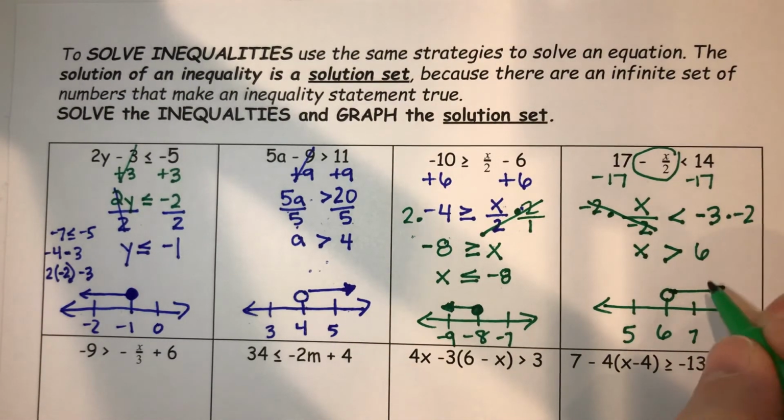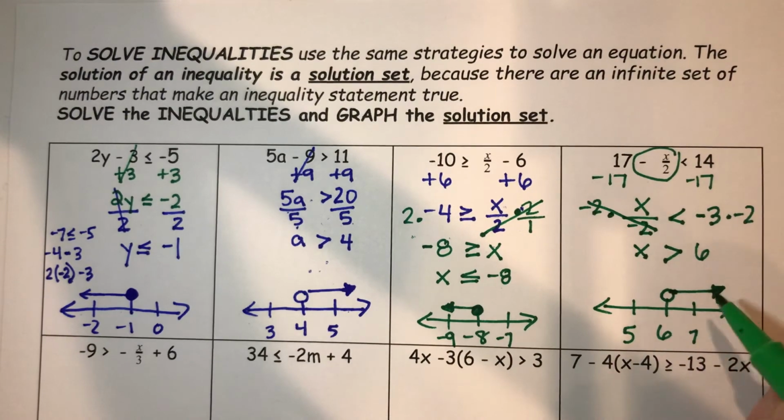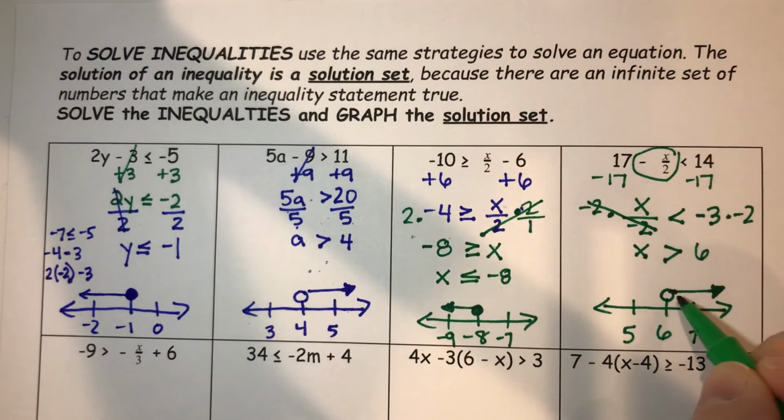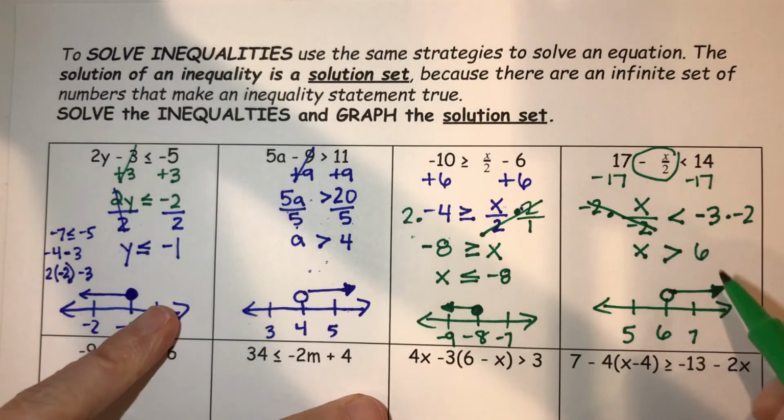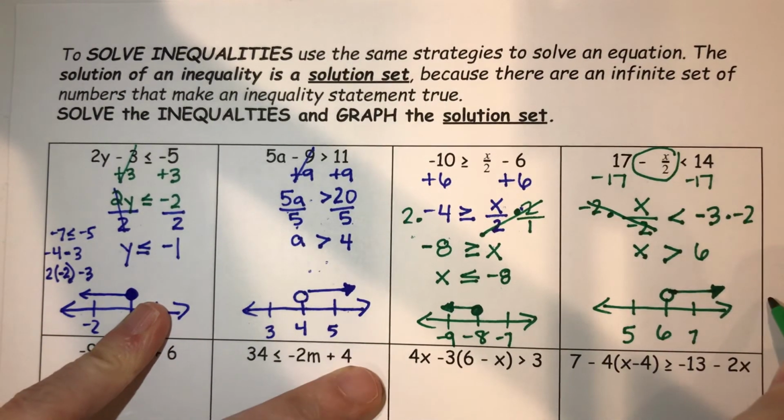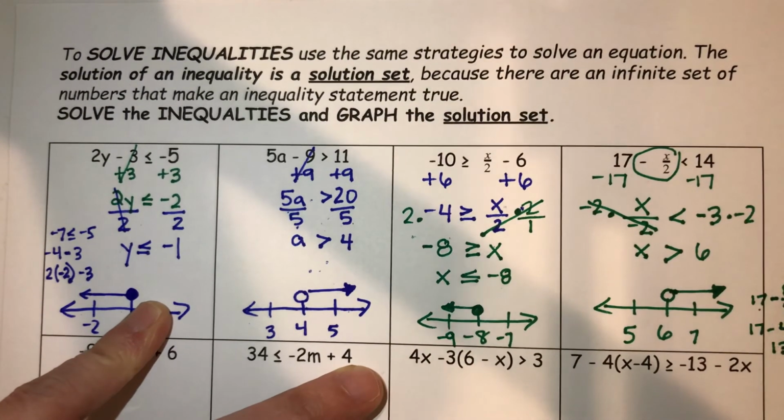You can check again by choosing a number in the solution set just to make it easier for us. I'm going to choose positive 8. So if I have 17 minus 8 divided by 2, 17 minus 4 is 13, and 13 is less than 14, so I know I got it right.